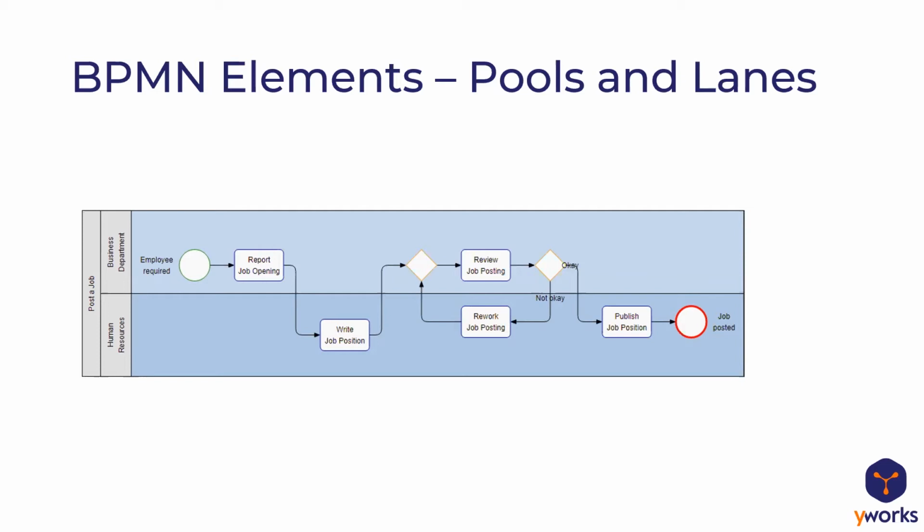So you have the business department and the human resources in this example, and you can just place the different tasks in the correct lane, so you know exactly who's responsible for which task and how the process flows from one participant to another.